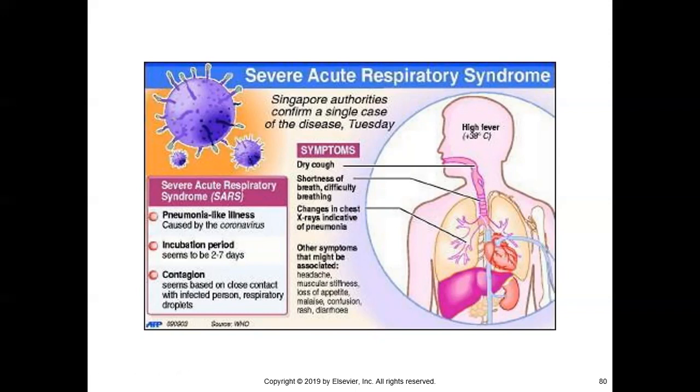Severe acute respiratory syndrome requires contact precautions and airborne precautions, with pneumonia-like symptoms at the beginning, and is caused by the coronavirus. The incubation period is usually 2 to 7 days, so it takes time to produce the disease signs and symptoms, and it is highly contagious.